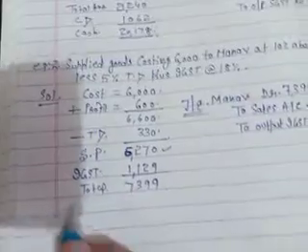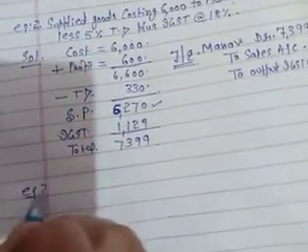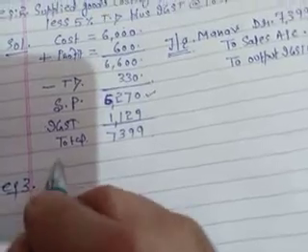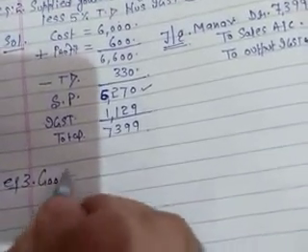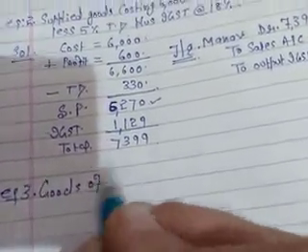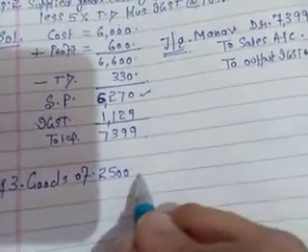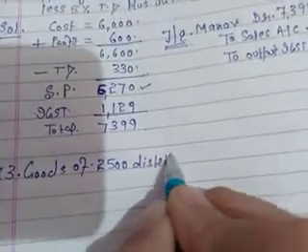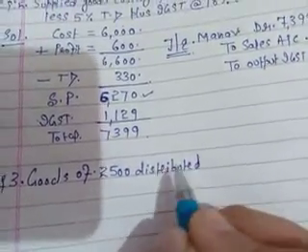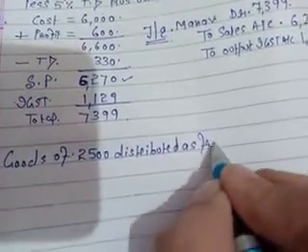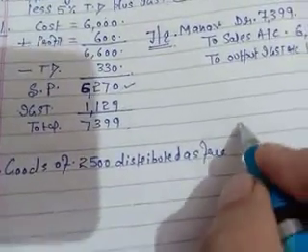Example number 3. Goods of 2,500 distributed as free samples.